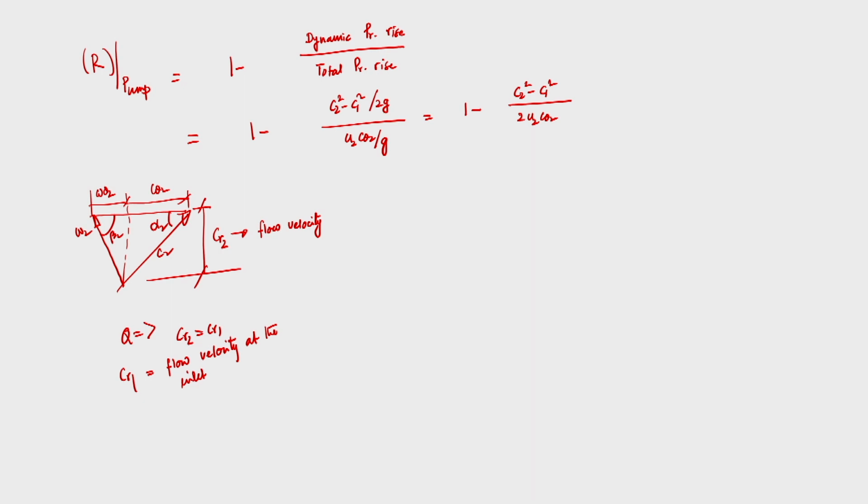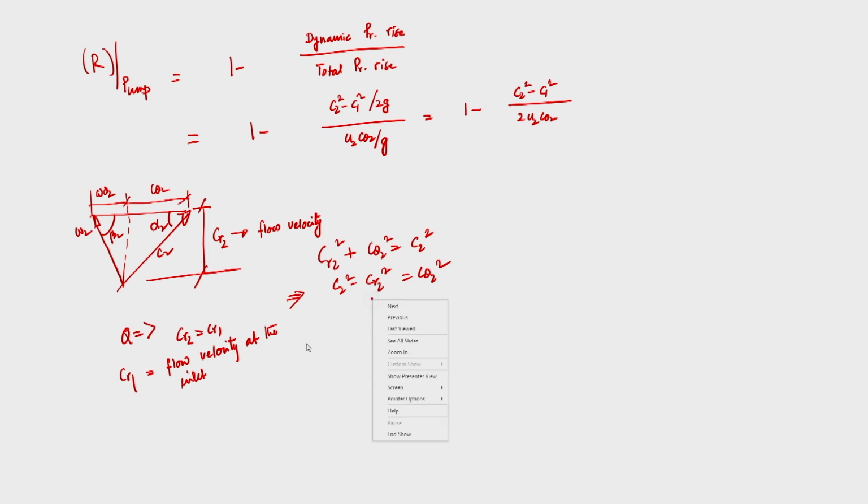Now, since CR2 is equal to CR1, C2 square minus CR2 square is equal to C theta 2 square, and so CR2 square minus CR1 square is equal to C theta 2 square.